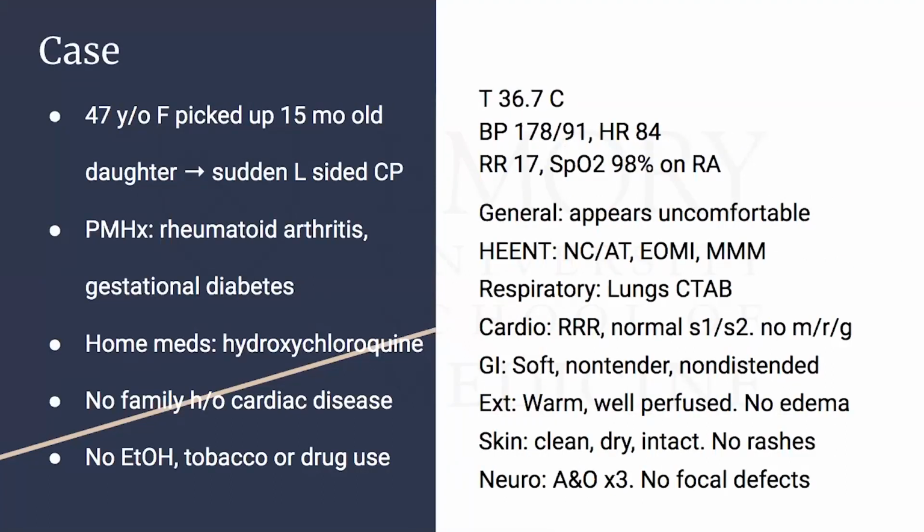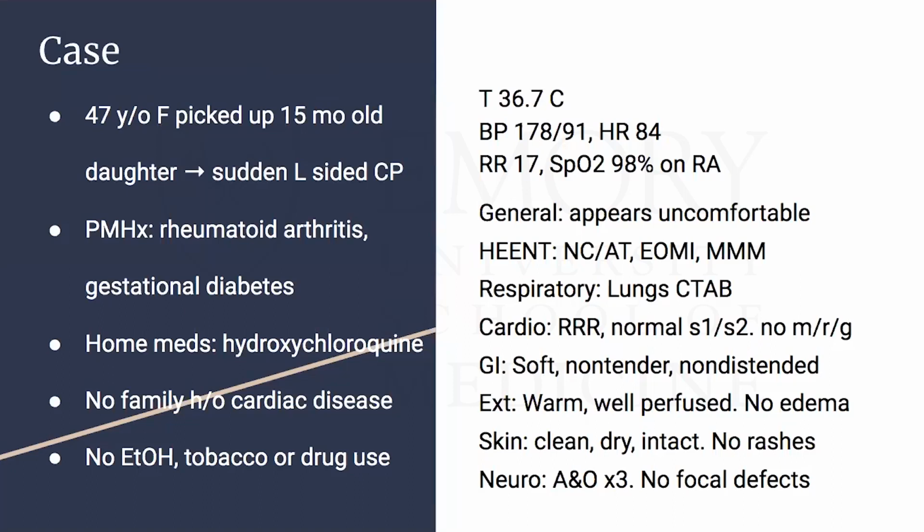So I'll start with a case, and this is the case of a 47-year-old lady who developed sudden onset left-sided chest pain after picking up her 15-month-old daughter. She described her chest pain as 7 out of 10 in severity, associated with nausea and lightheadedness, and endorsed a prior history of rheumatoid arthritis treated with Plaquenil, as well as gestational diabetes with her most recent pregnancy.